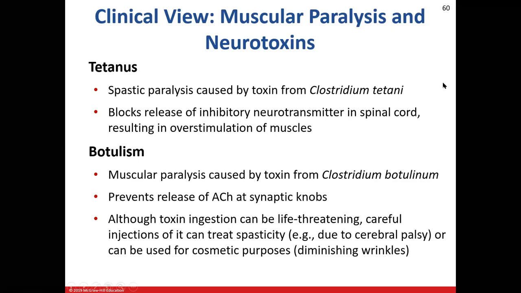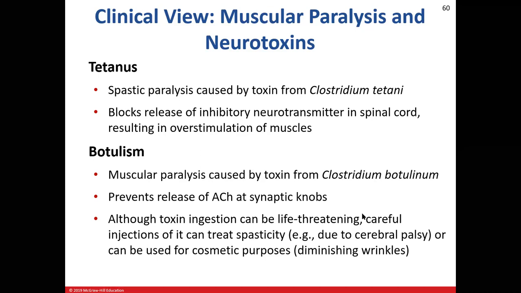Our second one is botulism. Now, botulism causes muscular paralysis, and it's caused by the toxin from Clostridium botulinum. What it does is it prevents the release of acetylcholine at the synaptic knobs. And so you can imagine that instead of having this spastic paralysis, we have more of a relaxed type of paralysis. Since we're preventing the release of acetylcholine, we don't have the ability to open up our ligand-gated sodium-potassium channels.